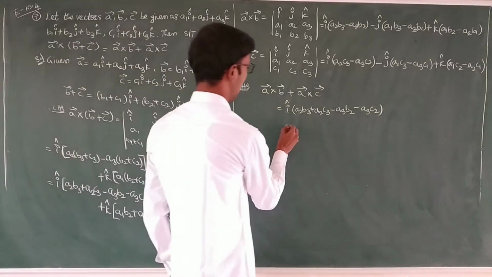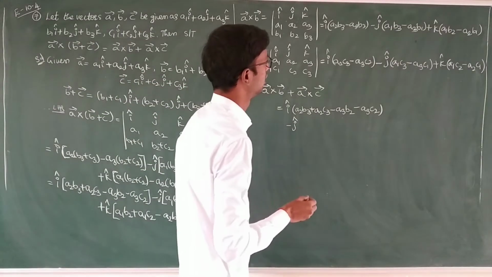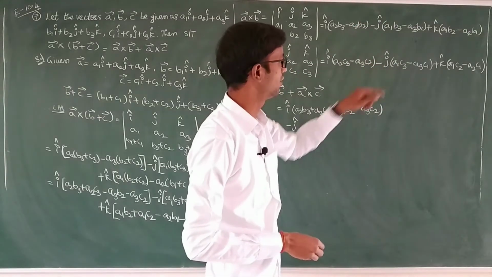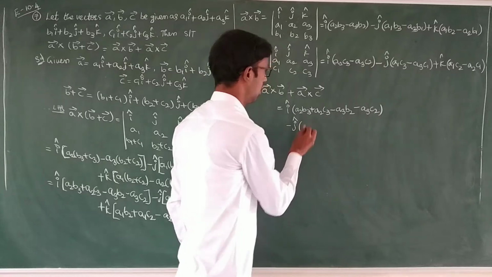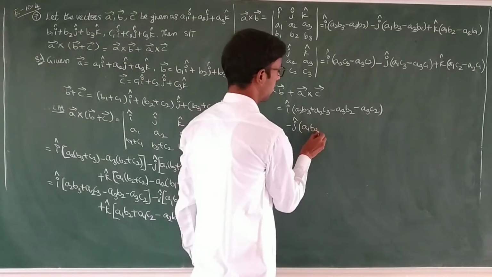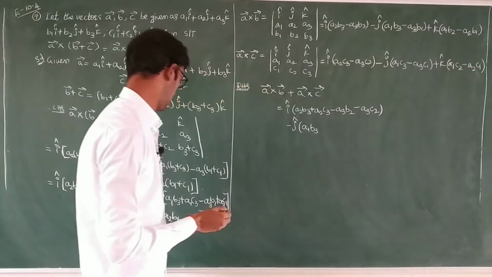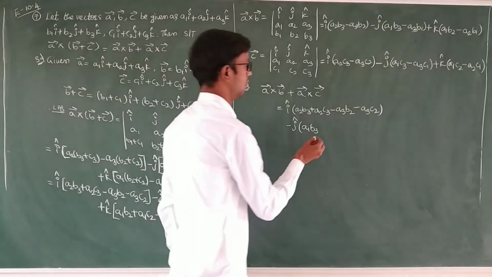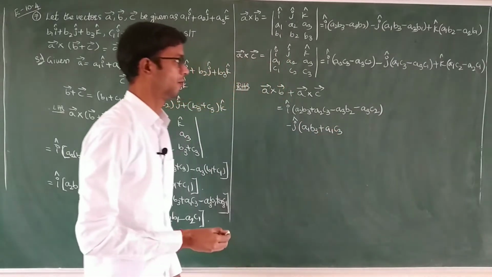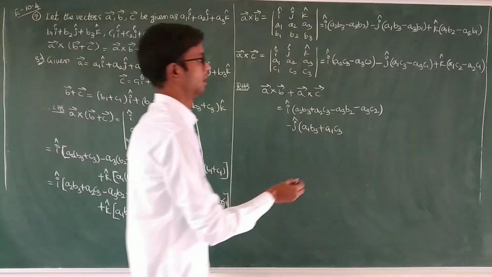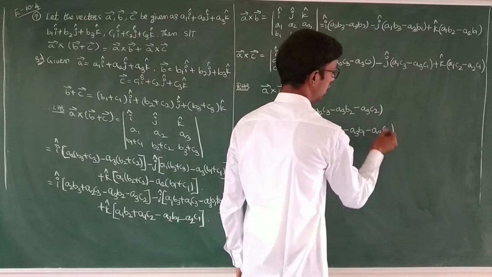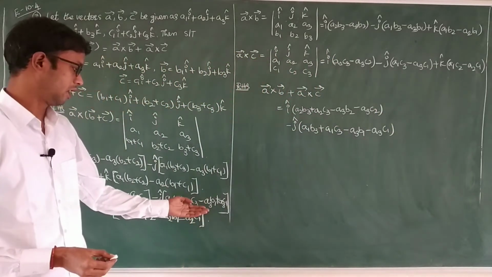Next minus j cap, this one minus this one we are making, so minus j cap I am taking common: A1 B3 plus A1 C3 minus A3 B1 minus A3 C1, as it is.